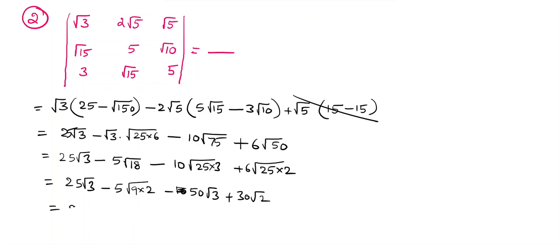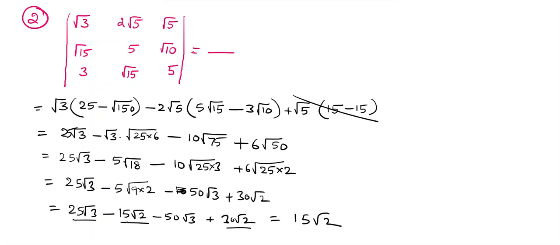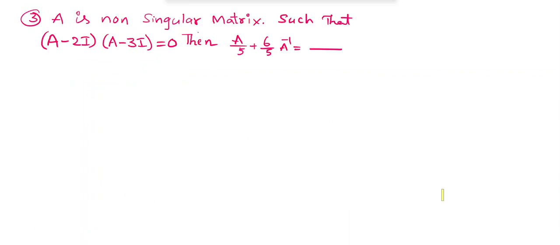That is equal to 25 root 3 minus, here root 9 is 3, 5 into 3, 15 root 2, minus 50 root 3 plus 30 root 2. Here 30 root 2 minus 15 root 2 is 15 root 2, and 25 root 3 minus 50 root 3 is minus 25 root 3. This is the right answer for the given determinant.